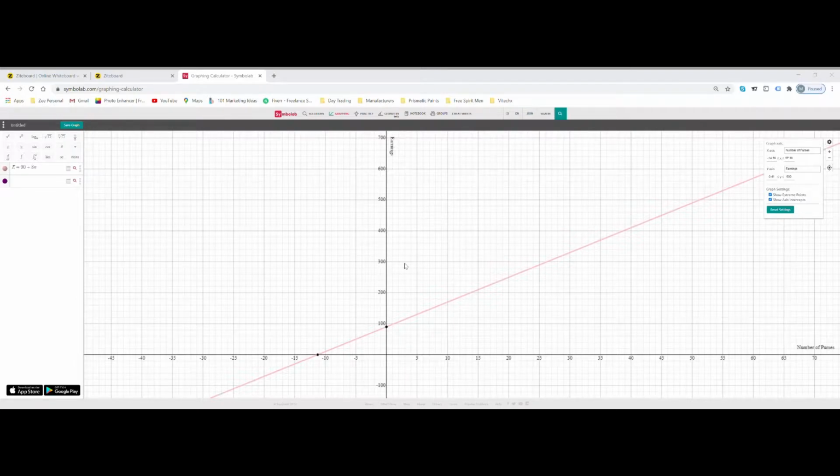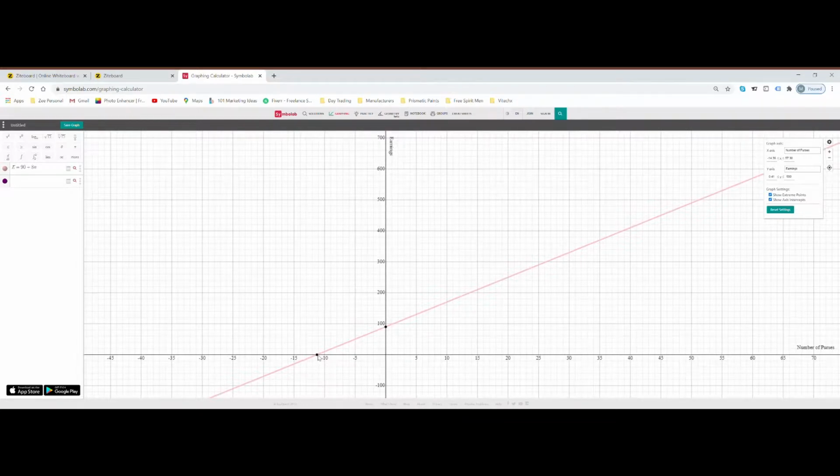Label the y-axis and give its ordered pair. Okay, so the y-intercept is 0 and 90, and the x-intercept is negative. The x-intercept doesn't make sense because it would be negative. Label the y-intercept, which is 0 and 90, and give its ordered pair, so 0 and 90.